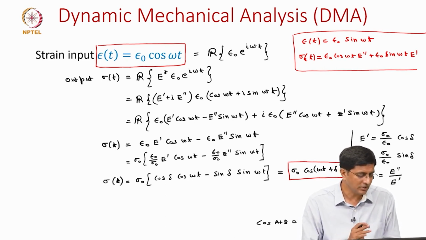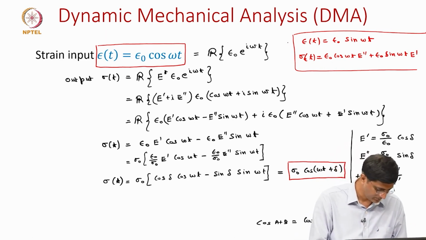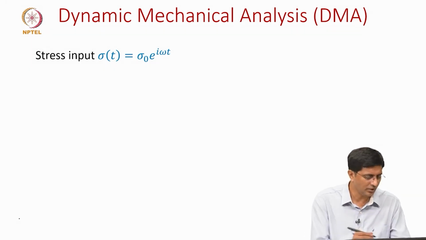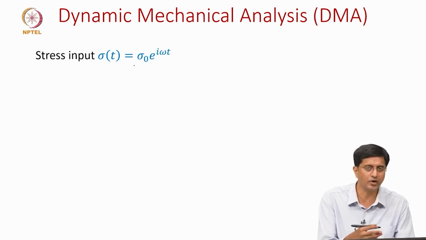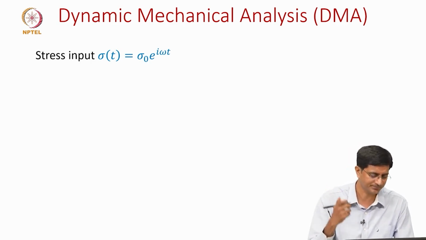In the next slide we will see if the input is stress, how do we solve it? Using the same approach, it is just an exercise. So, here we see that the stress input is given in terms of again sigma naught times e power i omega t, and as we have seen e power i omega t will take care of both the cos function and the sin function.